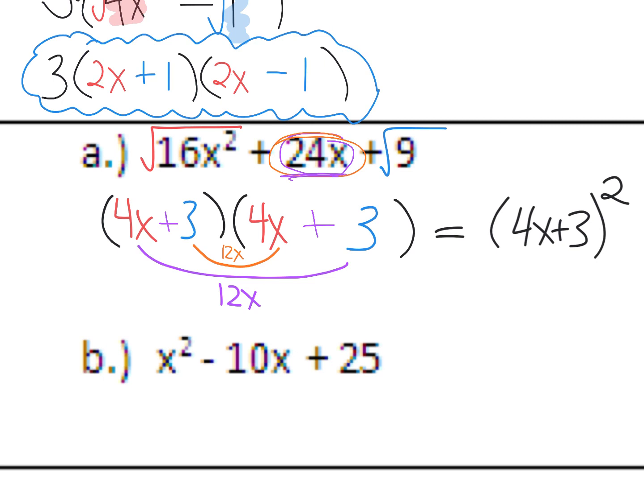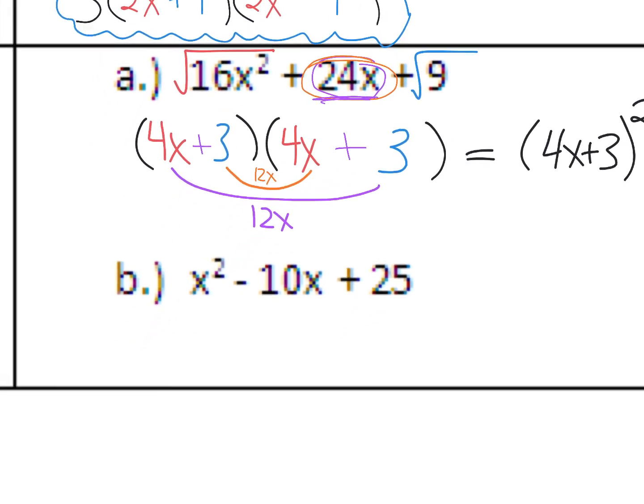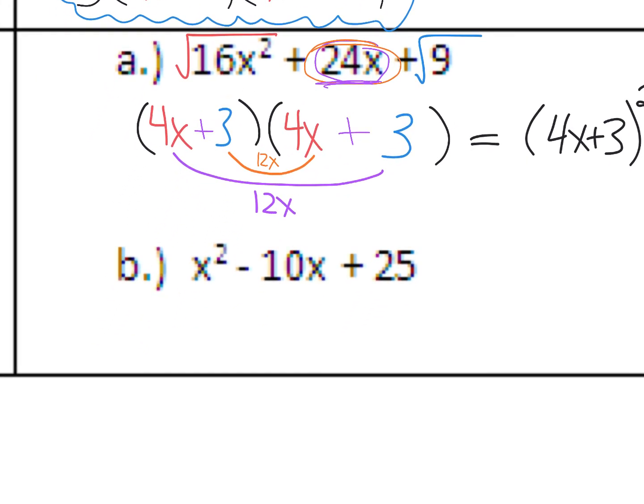All right, you are almost done, friends. It is my last example of the day. We got x squared minus 10x plus 25. Again, the method I'm teaching you to wrap up this lesson today is our square root method for factoring. Notice your last term is always positive in a PST. Always, always, always. So there's a little reminder there.